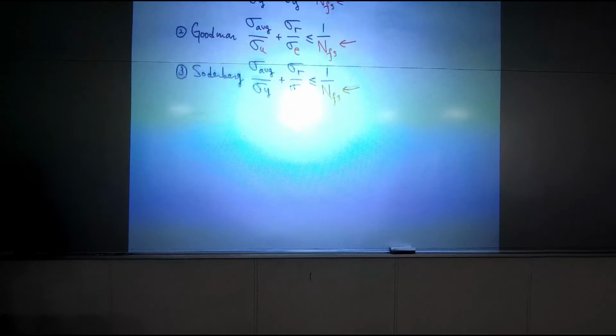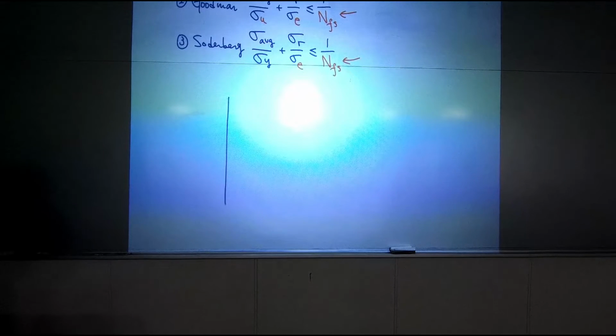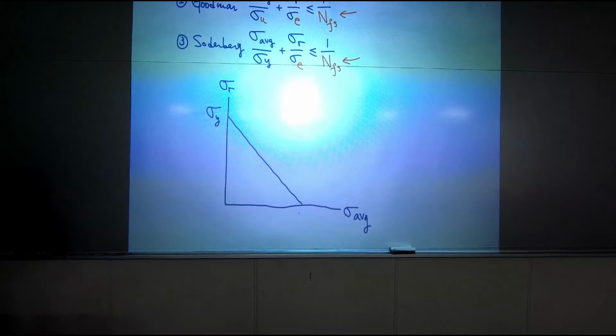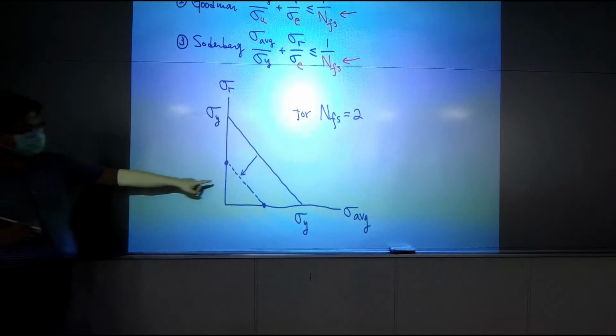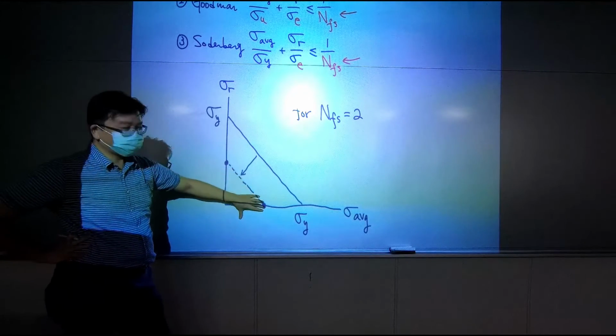Diagram-wise, we can try to study it. So if this is yield strength, for the case of n equals 2, that means you only allow this much smaller safe region.